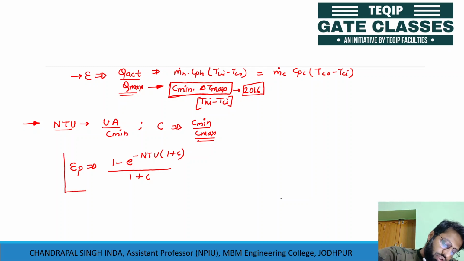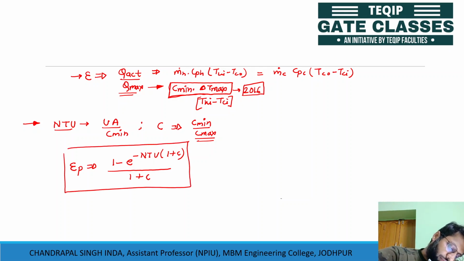So that is the expression for effectiveness of parallel flow heat exchanger, and it can be simplified if we have C minimum equal to C max.